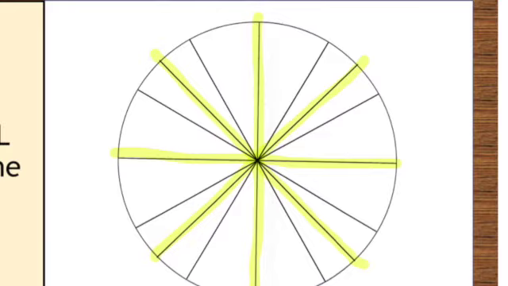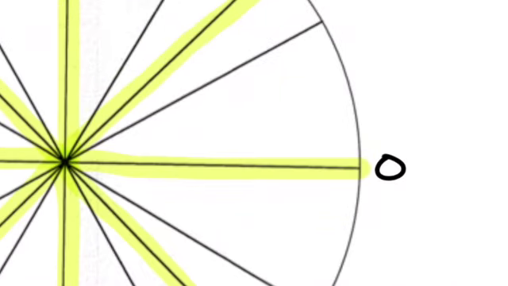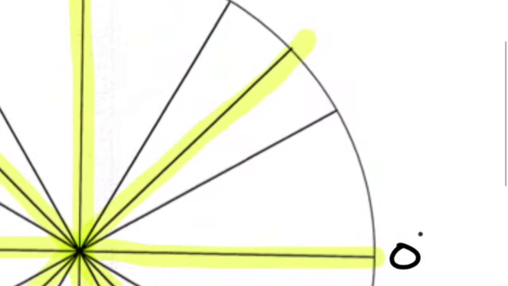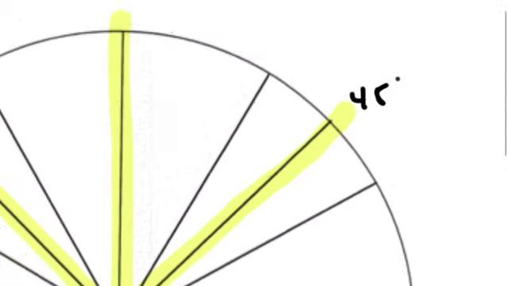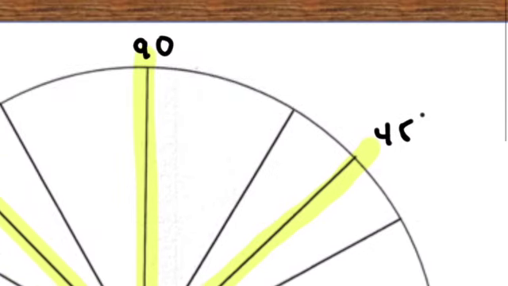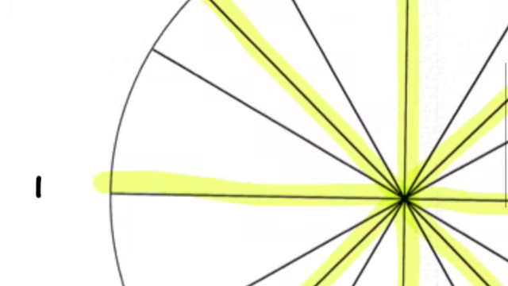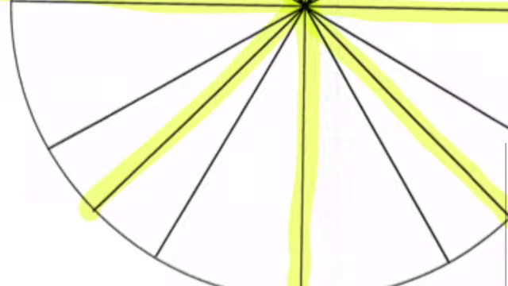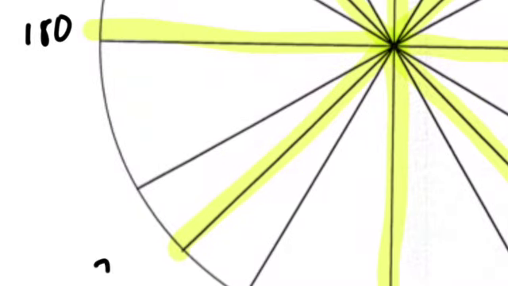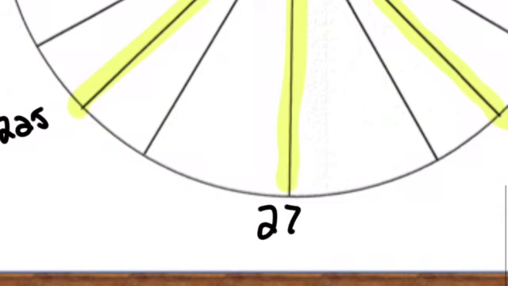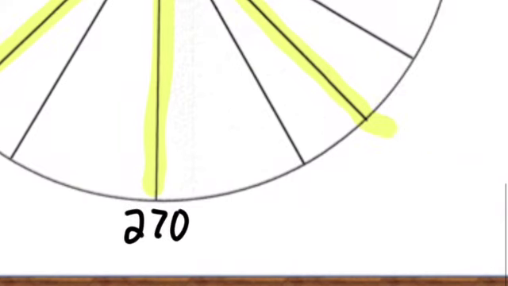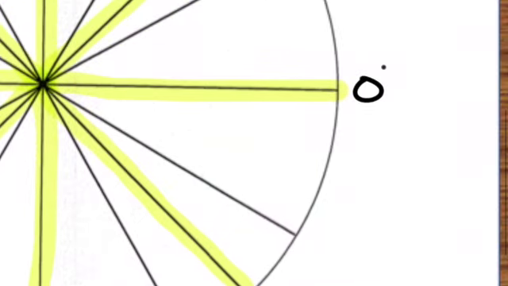So I know that if I start here at 0 and go up one more, this is going to be 45, then I'm going to end up at 90, then 135, then 180, then 180 plus 45 is 225, then 225 plus 45, that's 270, 270 plus 45, that's 315, and then 315 plus 45, I'm back to 360.